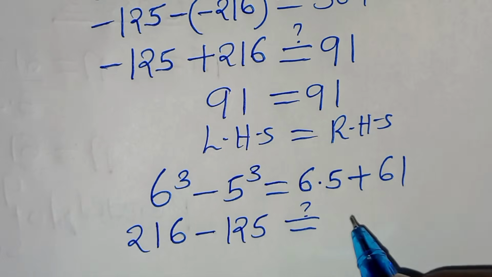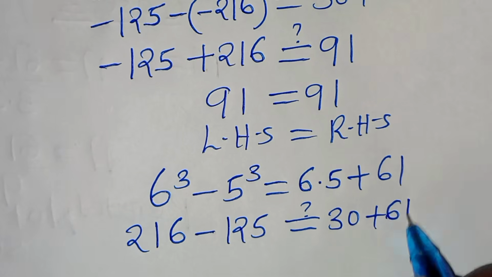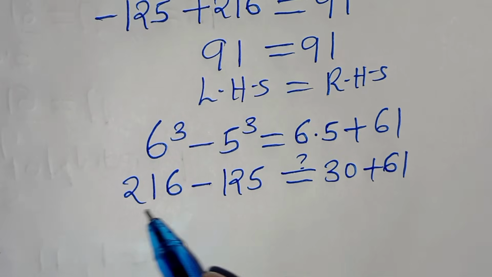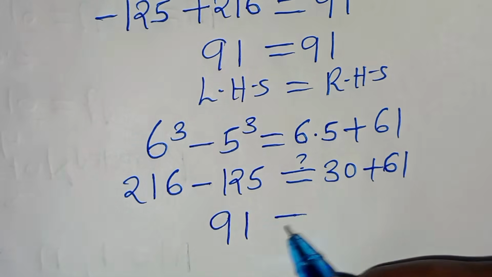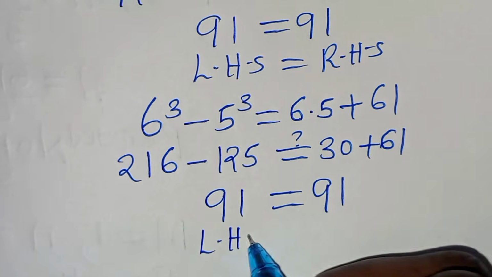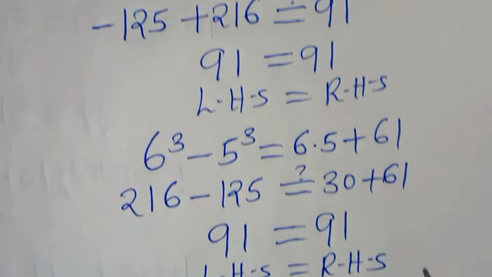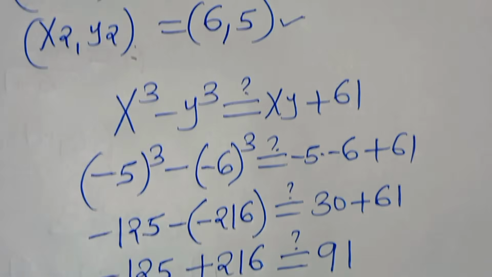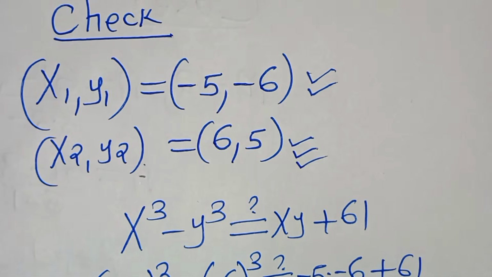This should be equal to 6 times 5, which is 30, plus 61. So 216 minus 125 is equal to 91, which is equal to 91. So the left hand side is equal to the right hand side, and this proves that the second set of solution, which is 6, 5, also satisfies the equation.